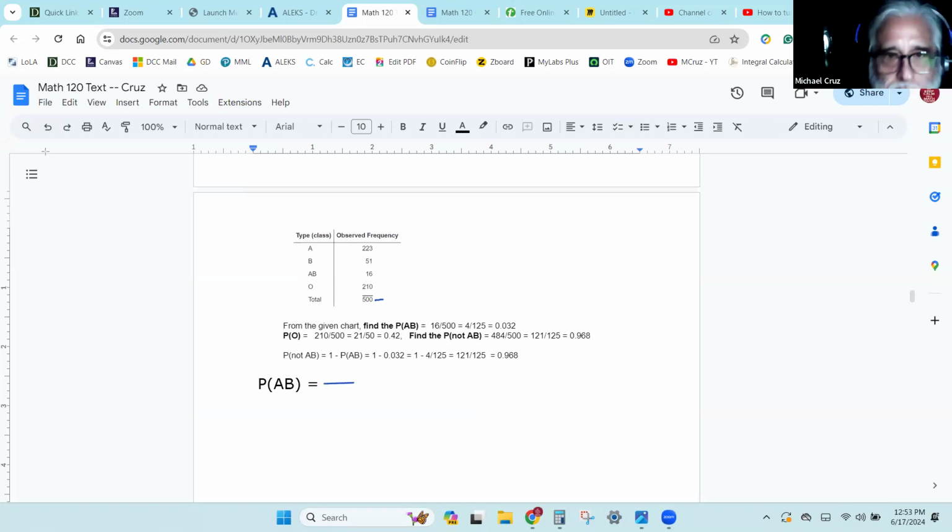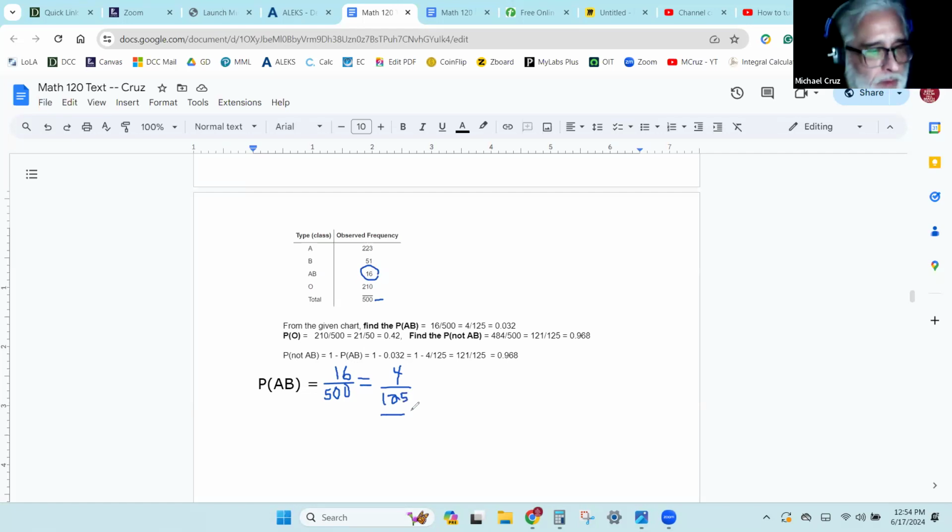The big number's always on the bottom. And then the AB people are these 16. And then simplify it, 4 over 125. So if it asks for a fraction in simplified form, that's that right there.